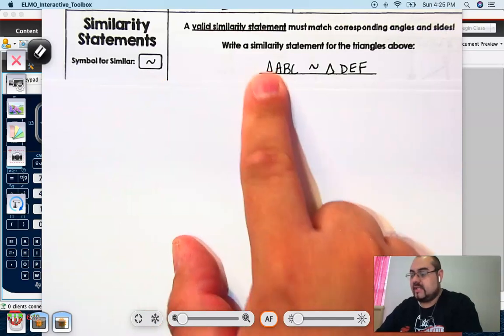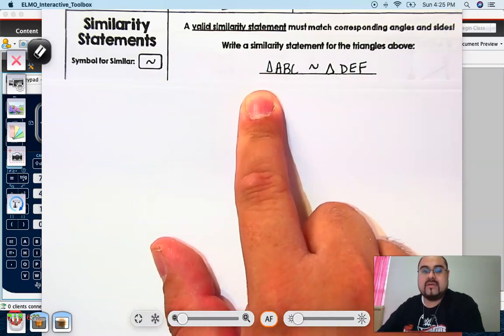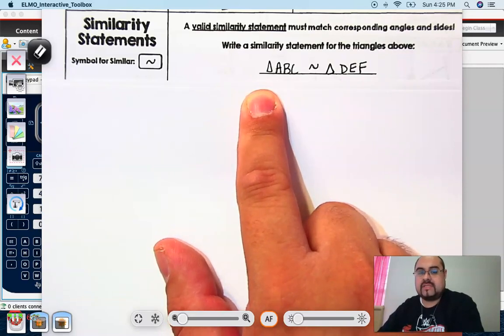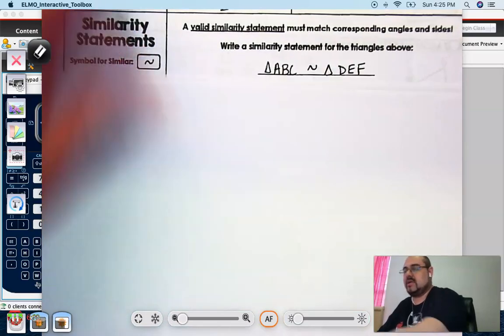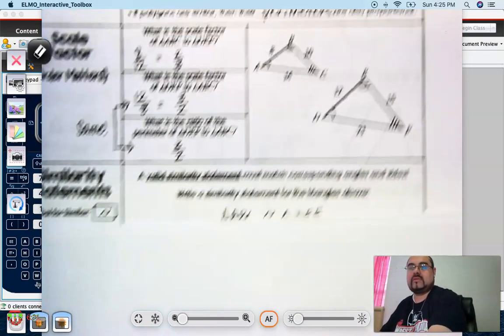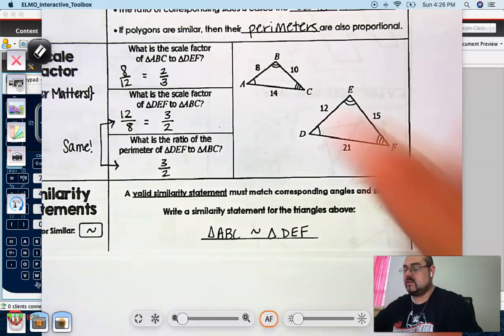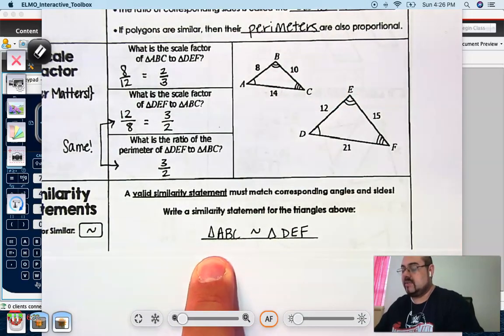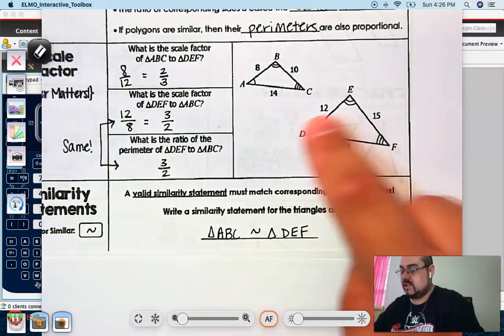Okay. A valid statement must match corresponding angles and sides. A similar statement for the triangle that's listed in the picture above, which is right here. Okay, so here's the two triangles. Triangle ABC is similar to triangle DEF.